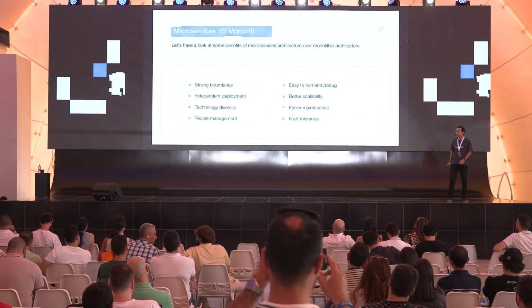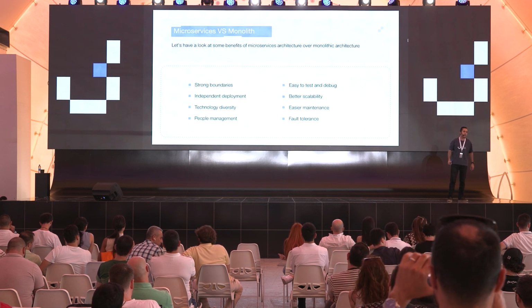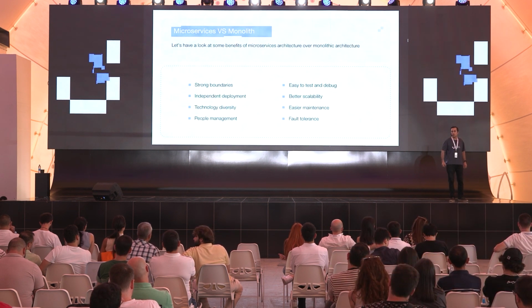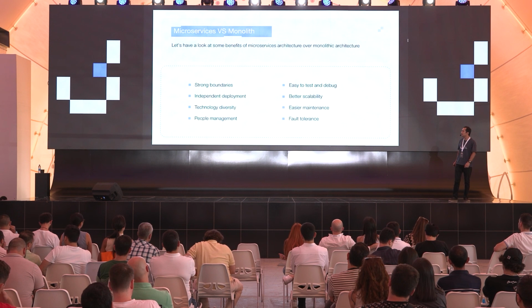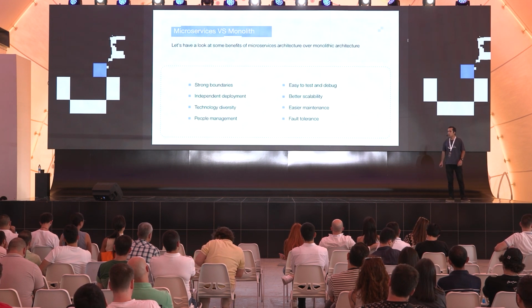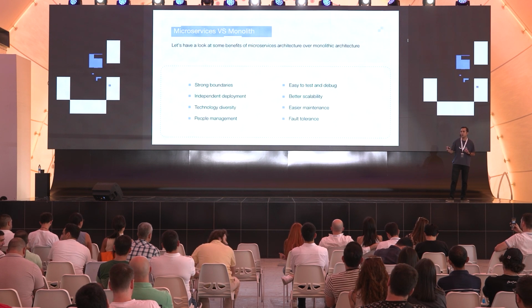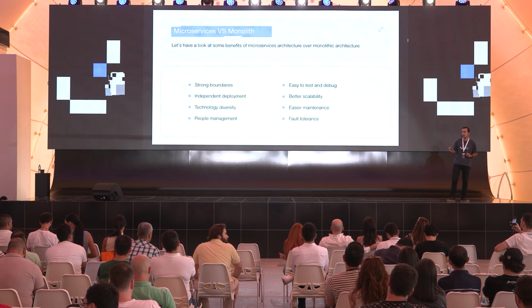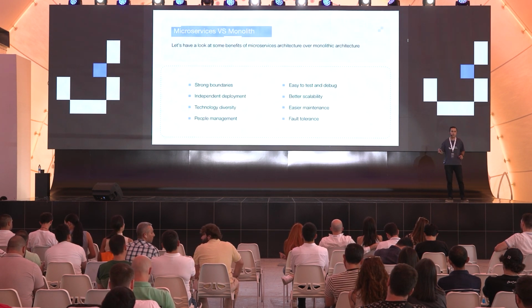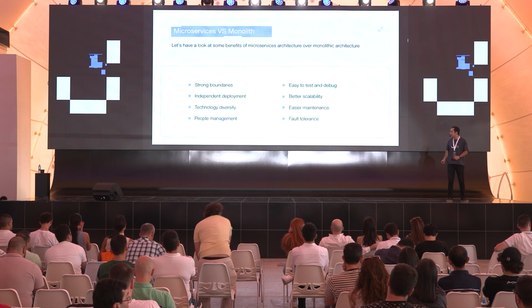Here are some benefits of microservices over the monolithic architecture. Here we can see that it has strong boundaries, and because the system consists of different components, there are already defined strong boundaries and encapsulated areas. Deployment sometimes can be independent, and the technology can be with different programming languages and with different technical stacks.